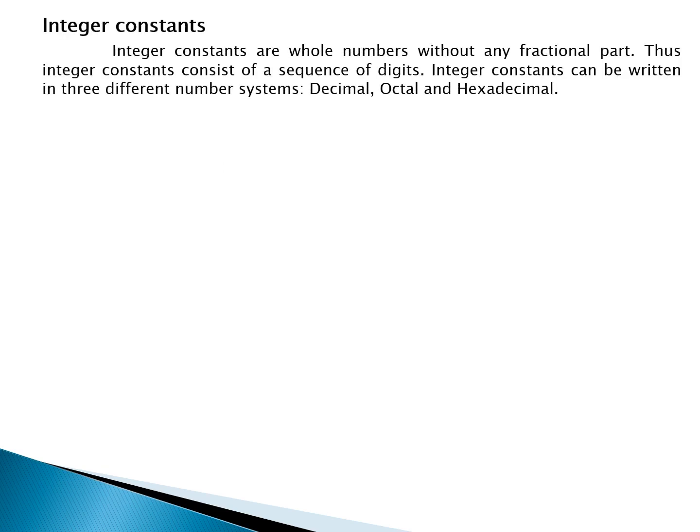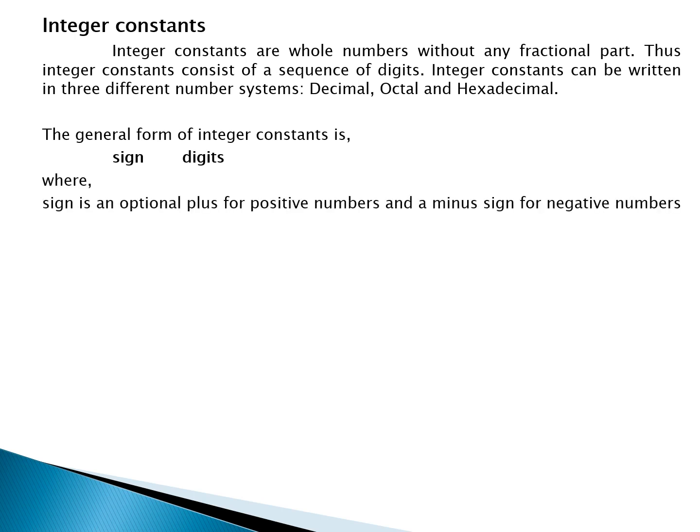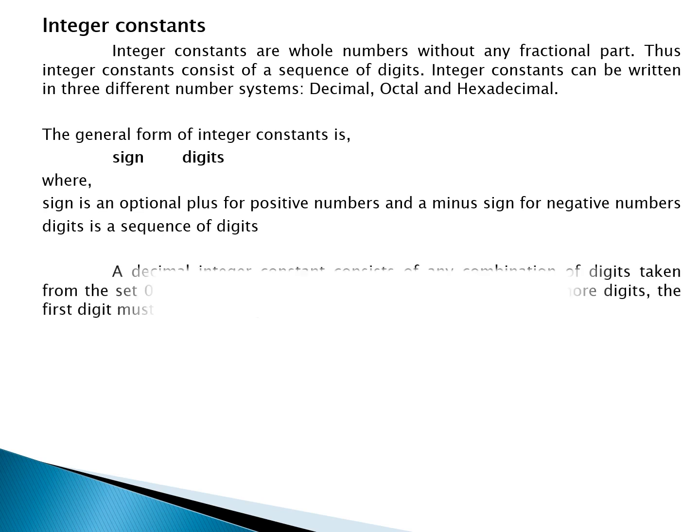Integer constants are whole numbers without any fractional part, consisting of a sequence of digits. Integer constants can be divided into three types: decimal constants, octal constants and hexadecimal constants. The general form of an integer constant is sign digits, where sign indicates an optional plus for positive numbers and minus for negative numbers, and digits is a sequence of digits.